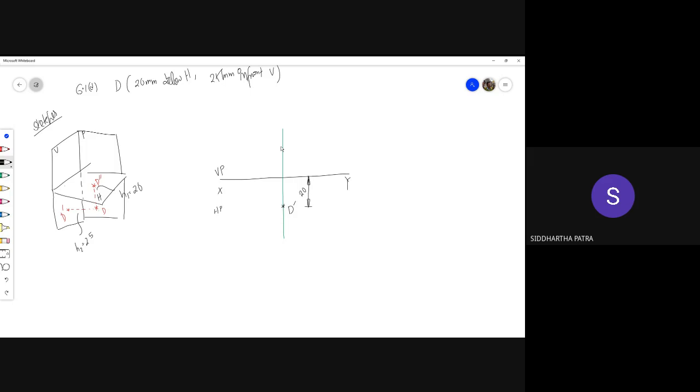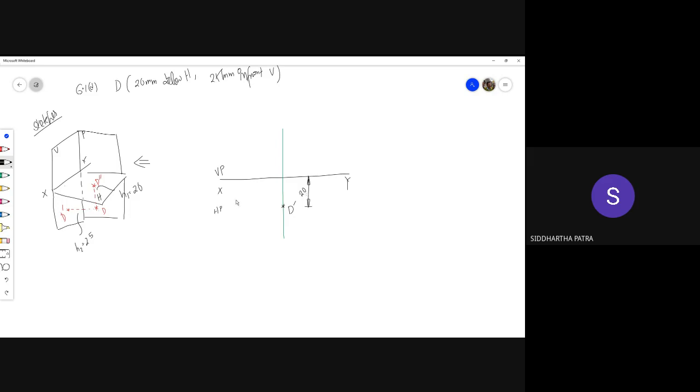Right now imagine this is your vertical plane, and this XY line represents the horizontal plane. Looking at it from this side, how would the projection look on the vertical plane? It would lie below the XY line by how much? By 20 millimeters.